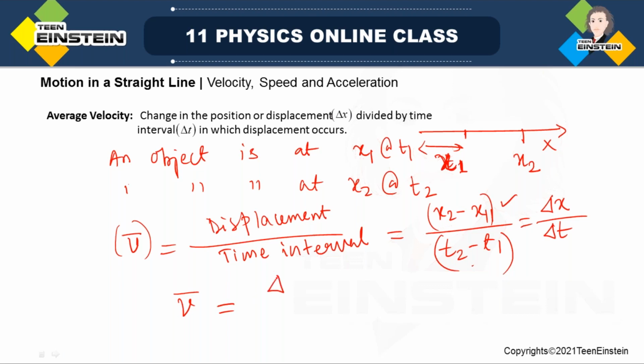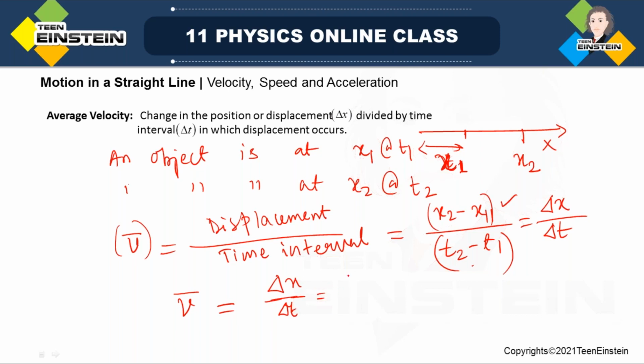So this is your average velocity. Now we'll try to interpret this just by knowing the unit.